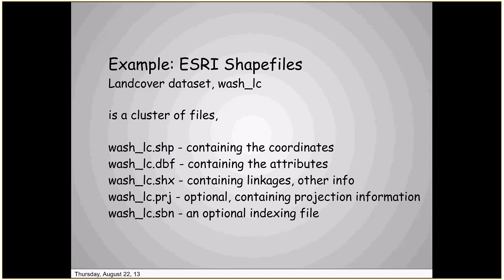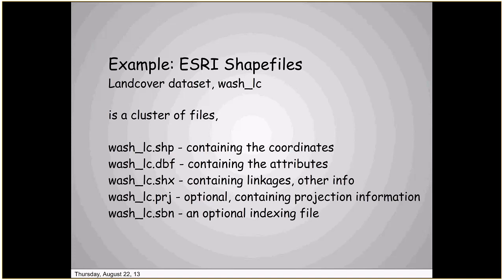The SHX. These are the only two files you actually typically deal with directly. The SHX file is a file that speeds up the linkages between the shapefile and the DBF file. It's not always there. It's not necessary, but it contains indexes, spatial indexes, basically.